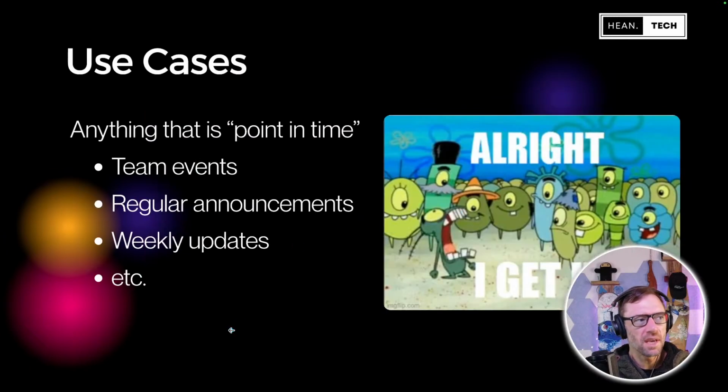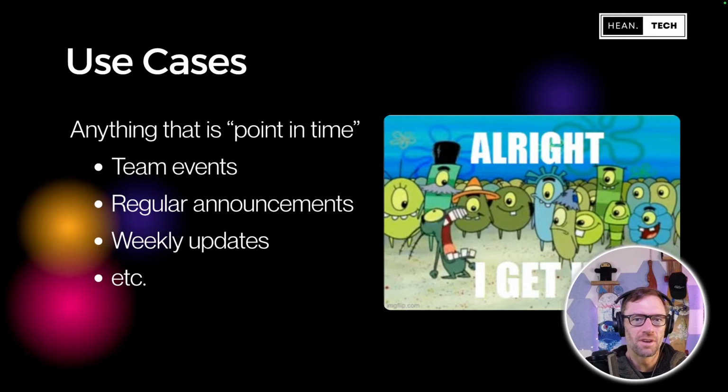My biggest use case for blogs is what I consider point-in-time information. And we've seen some of these in the questions. Things like I have updates. I have something I put in Slack that's just weekly I want to keep track of. And so anytime I'm considering creating a piece of content, I ask myself, will this ever need to change? And how relevant will it be in 3 months?